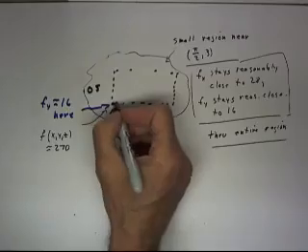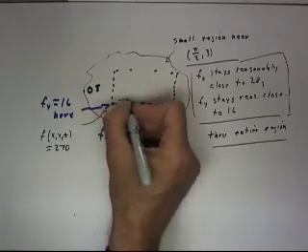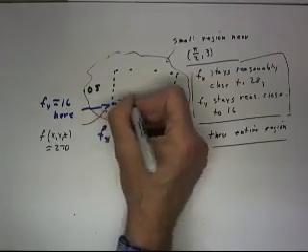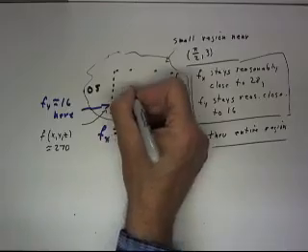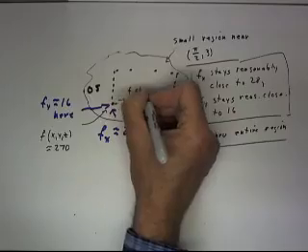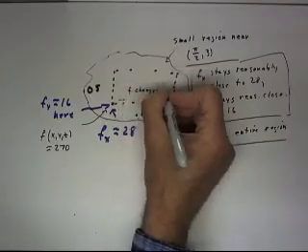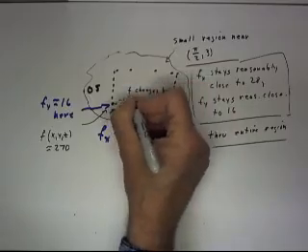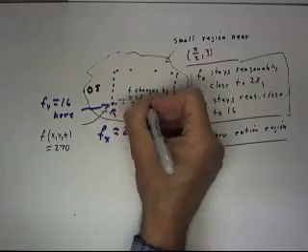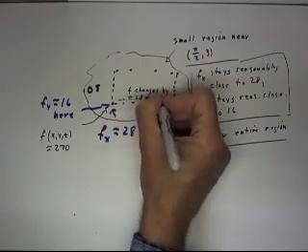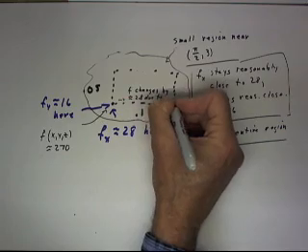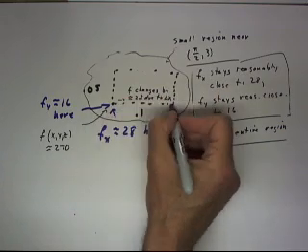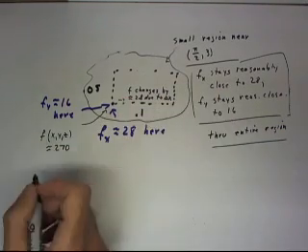That means that as we move from here to here, F changes by about 2.8 due to our change in x from here to here, delta x being 1.